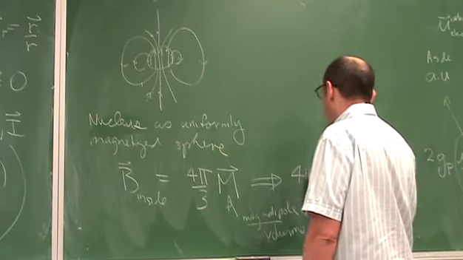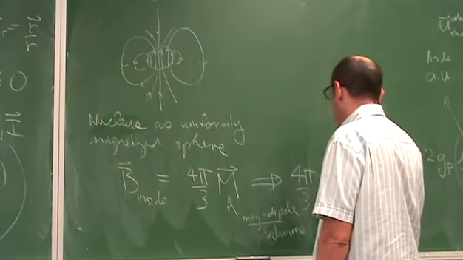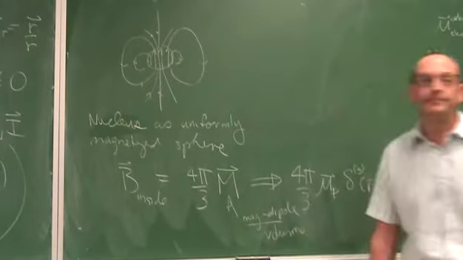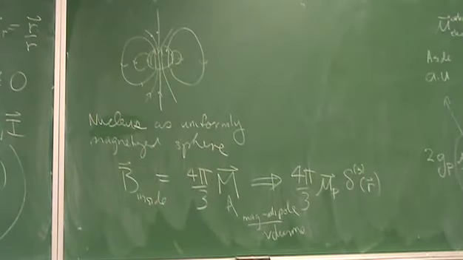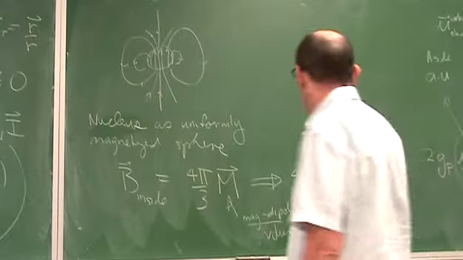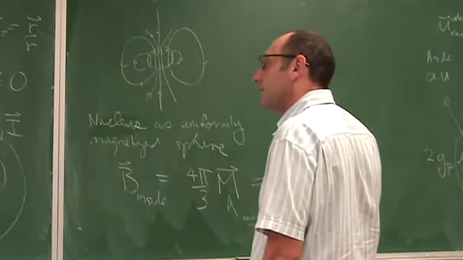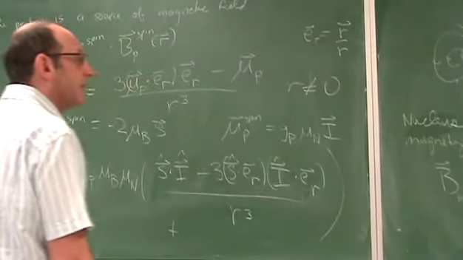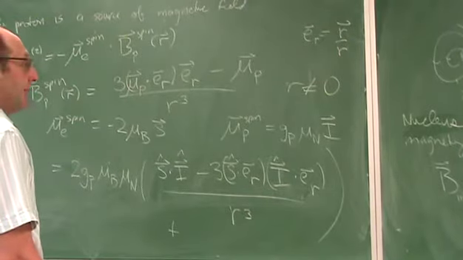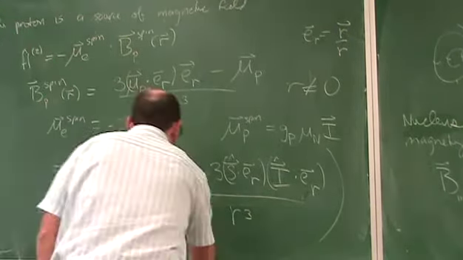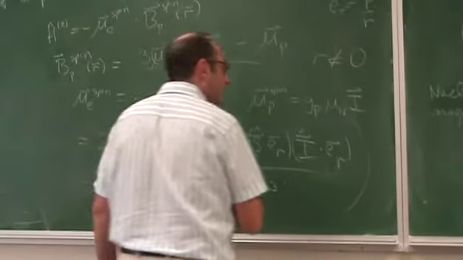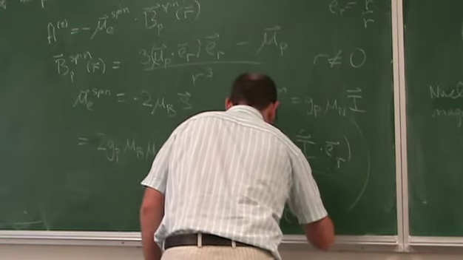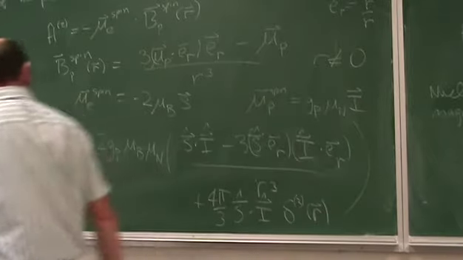So there is an additional term here, which, if I factor out the magnetic moment, that's the spin, becomes 4 pi over 3 S dot I times the delta function at the origin.